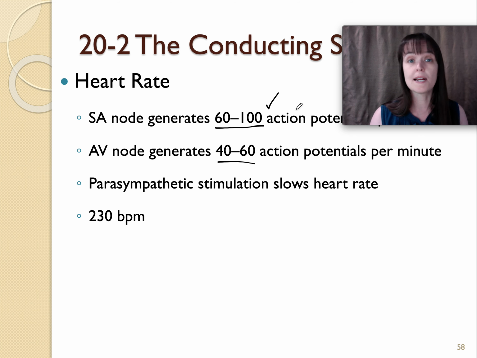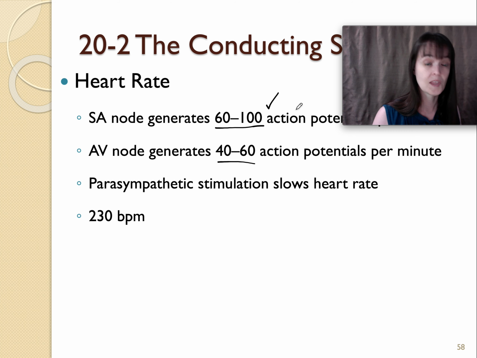And so my guess is that his SA node has maybe not ever worked, and he's always used his AV node and just adapted. So within normal limits. It's a normal, abnormal.